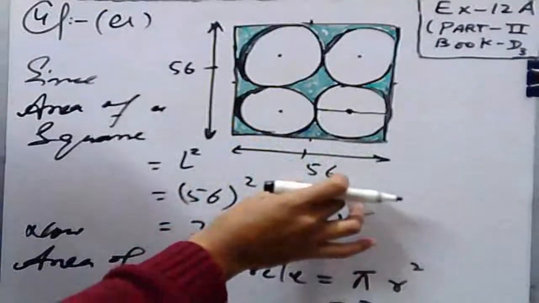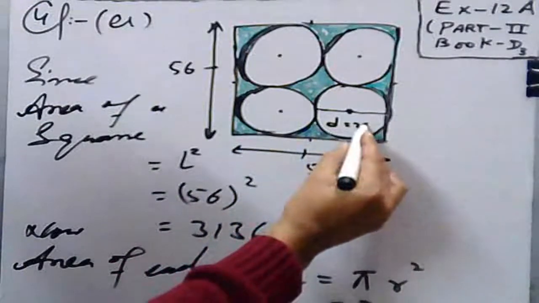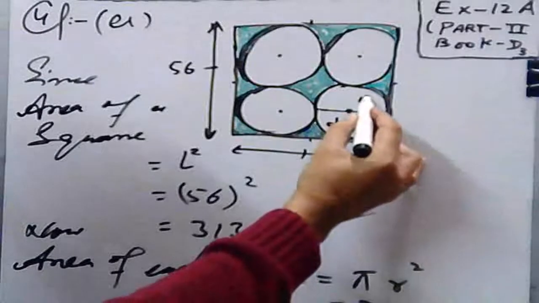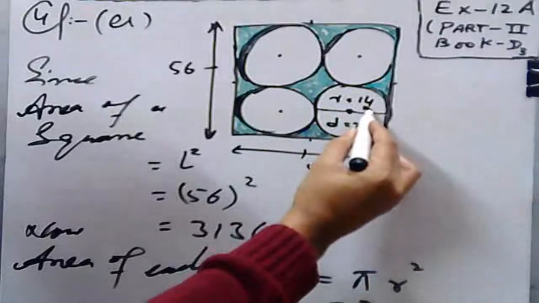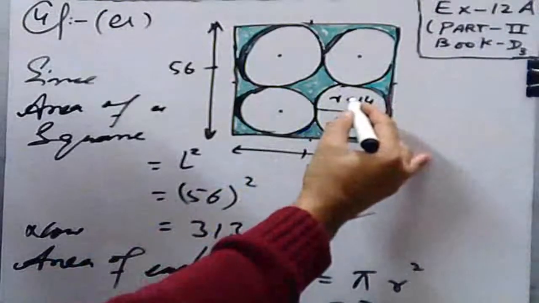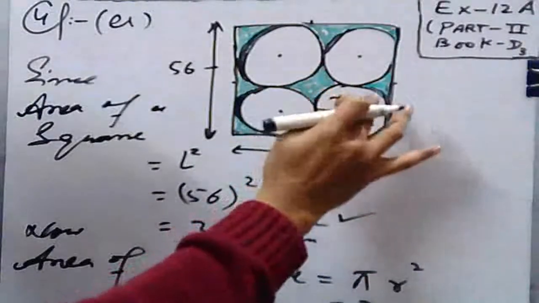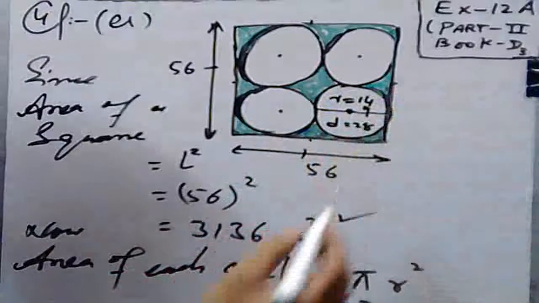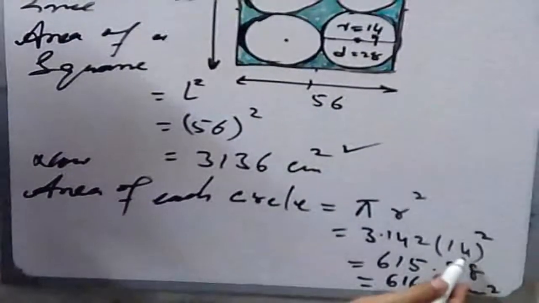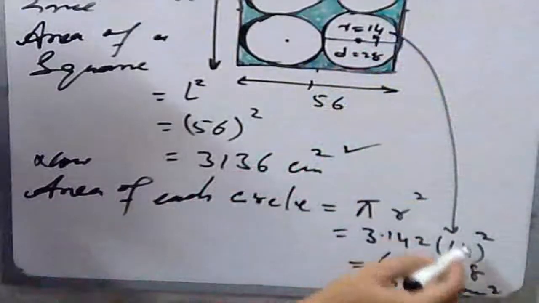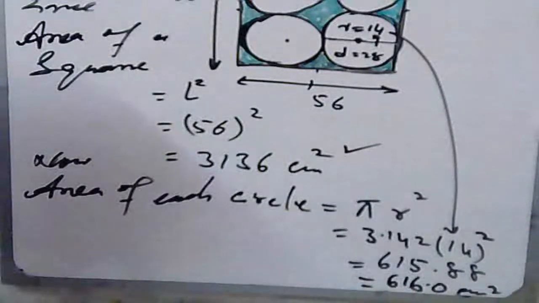So the diameter is 28, but we need the radius, and this one is 14, that is your radius. That's why we use the radius r in the given formula, and we have calculated 616.0 centimeter square as the required area of each circle.